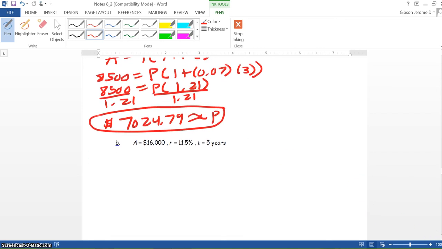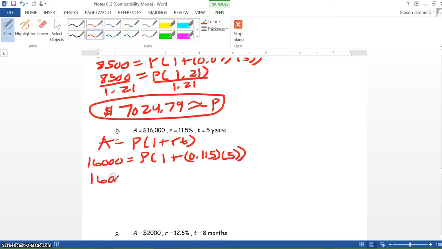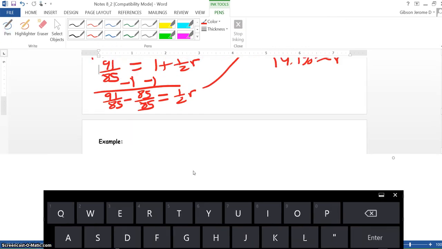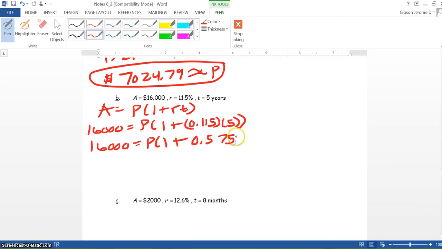Now we come to the next problem. Using the same formula, A is equal to P times 1 plus RT. A is equal to 16,000 equals, we don't know what P is, 1 plus our R will be 0.115 times 5 for T. So we will add 16,000 is equal to P times 1 plus, it'll be 0.575.